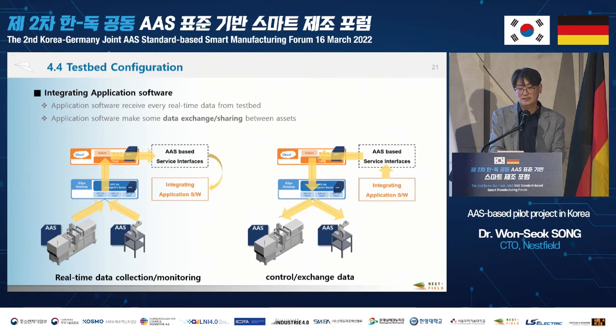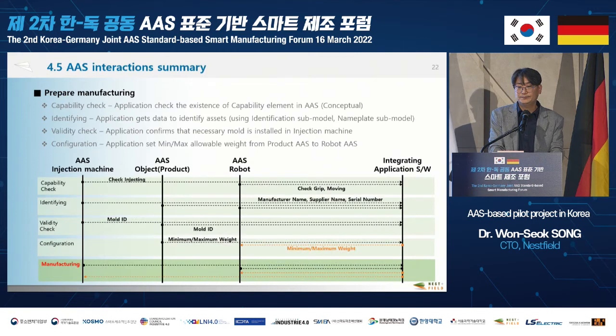As I told you, we made a data exchange mechanism between the two. If AAS can share the data together, it's going to be really great. However, that's the future, something that we need to do.